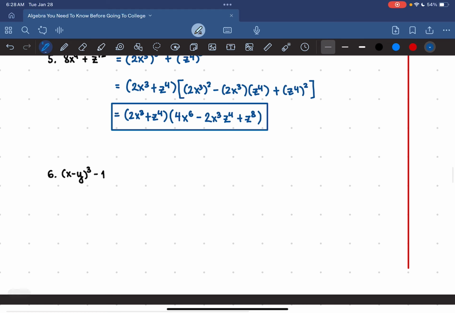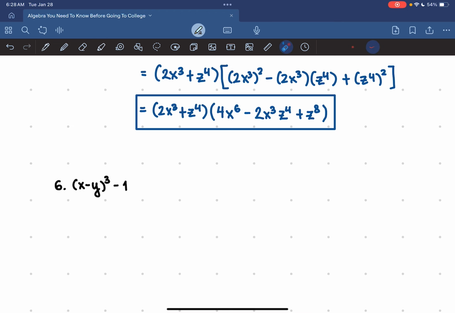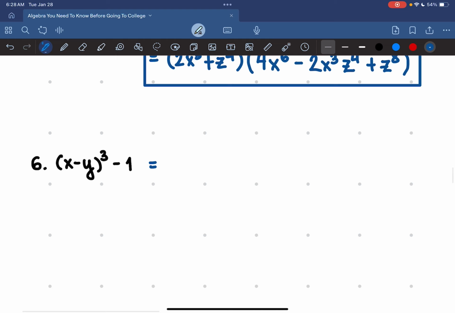And again, like a while ago, take note that this sum and difference of two cubes also applies when this one is a binomial. So applying it here, just take note that 1 here can be viewed as 1 cubed. That's the beauty of it. We can view it as 1 squared a while ago, 1 raised to 4, and now as 1 cubed.